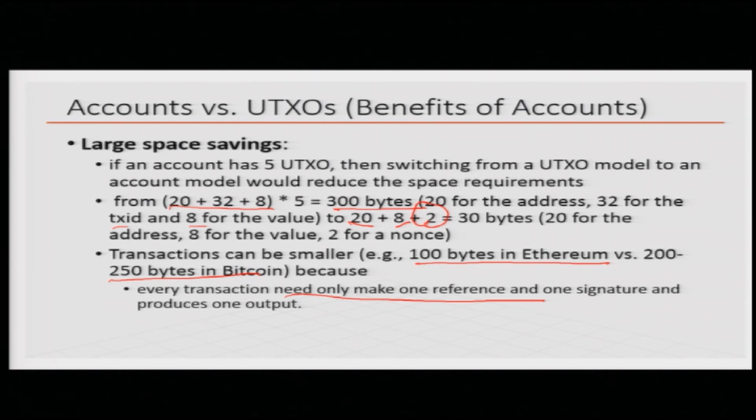So, 5 UTXOs will be your input, and each of them will have their own transaction ID and address and the amount and digital signature. So, it will require a lot more information per transaction, whereas in Ethereum you only have to save the account address and the nonce, and therefore you will need fewer bits to formulate the transaction.